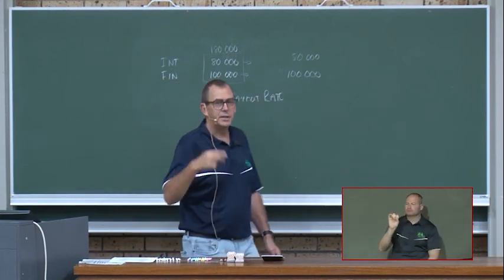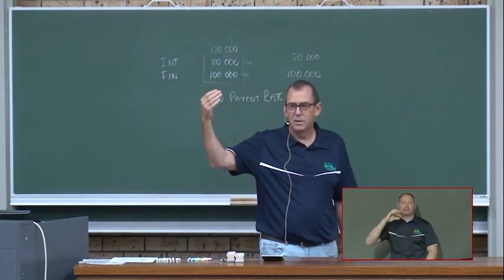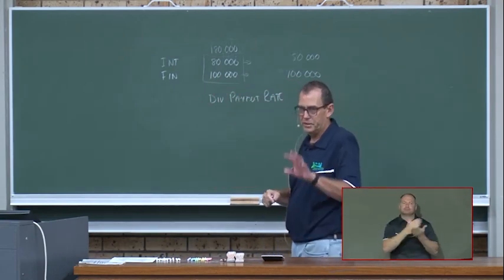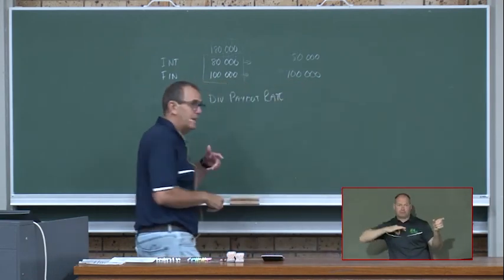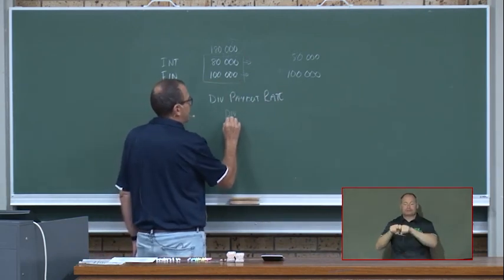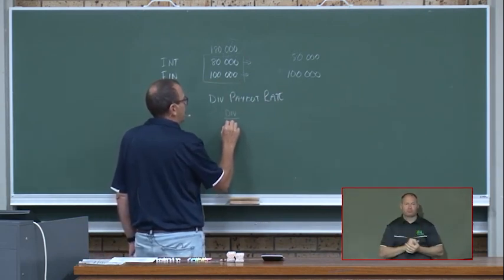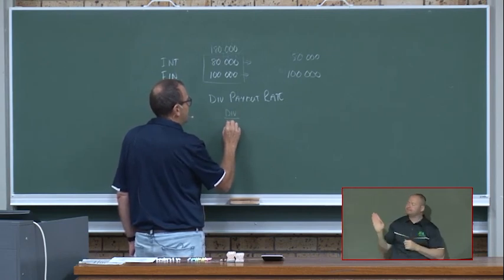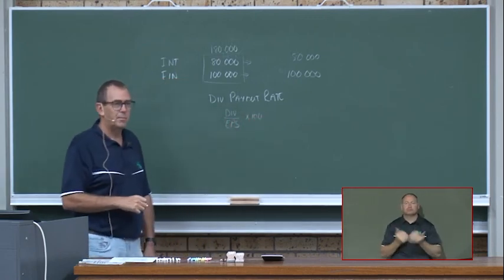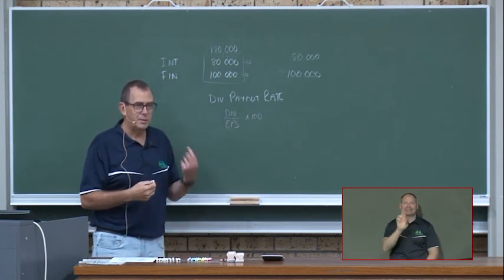Dividends is the net profit that we give to our shareholders. All right. So the dividend payout rate, it is not on your formula sheet, but it's nearly in every question. This is your dividends divided by your earnings per share times 100, because you want a percentage, a rate. A rate is a percentage.